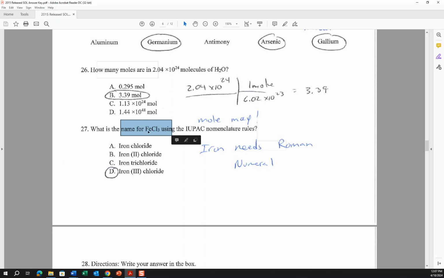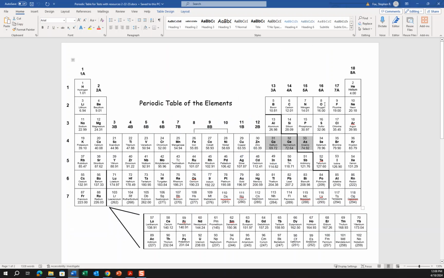Now, how do I know the iron's 3 plus? I know because it's paired up with chloride. If I look at the periodic table, chloride, is it chloride or fluoride? Chloride, sorry. Chloride is a -1 ion, but according to the formula, you have 3 of them.